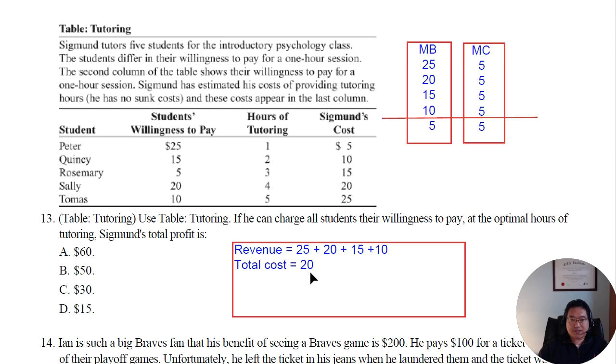So this can be an economic profit. Anyway, that's not the point here. The point is how many hours he will offer to tutor, and at which unit he will stop. And after he stops at that unit, that quantity has been decided. What is the total profit Sigmund can bring in?